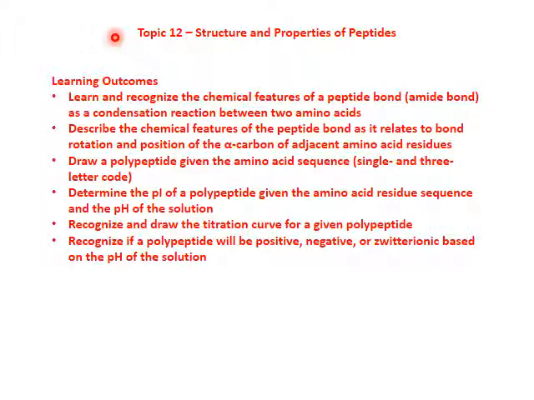And we're going to look at the detailed chemical aspects of this coupling and what it means in terms of the overall properties of the peptides and their acid-base properties as well. So the learning outcomes are as described below.